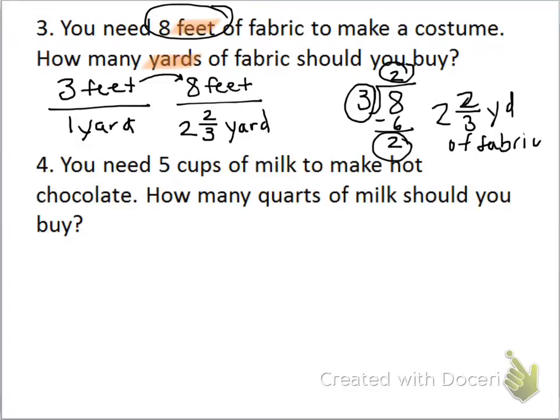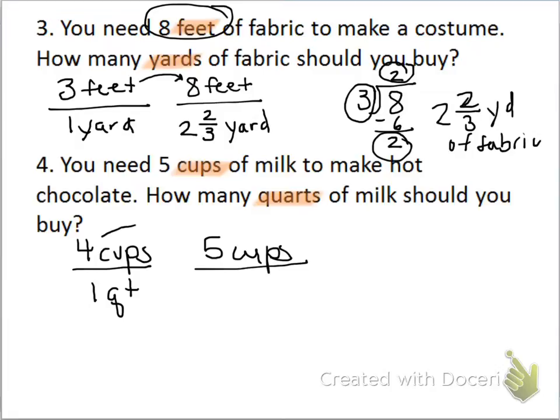You need 5 cups of milk, so we're looking at cups, to make hot chocolate. How many quarts of milk should you buy? So we're looking at the relationship between cups and quarts. And if you look on your table, you'll see that there are 4 cups in 1 quart. But we're not talking about 4 cups, we're actually talking about 5 cups.